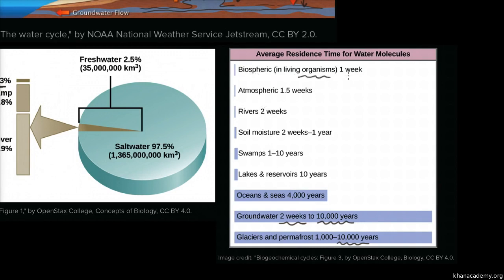On average, a water molecule will last about a week in the atmosphere. So that's getting water vapor, turning into a cloud, precipitating down, on average 1.5 weeks. And once again, these are averages. It doesn't mean that every water molecule will stay exactly 1.5 weeks in the atmosphere, but it's a pretty interesting thing to think about, and it gives you a little bit more sense of where all the water is and how it all works together with the water cycle.